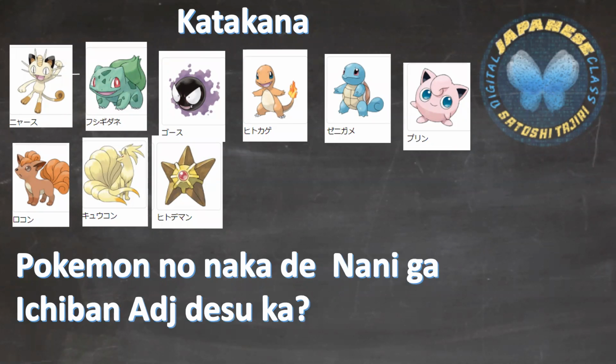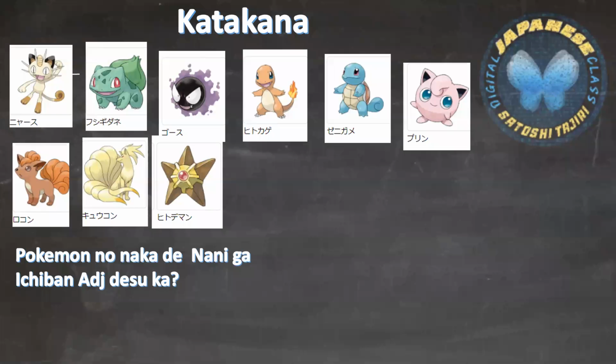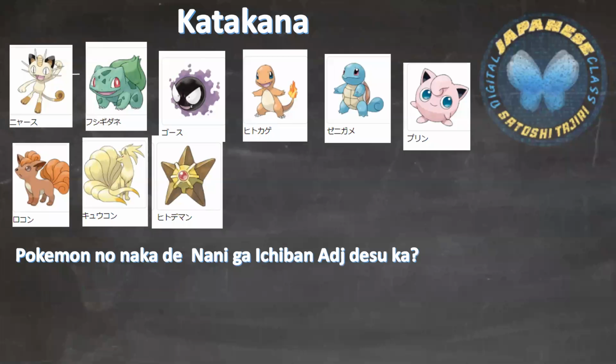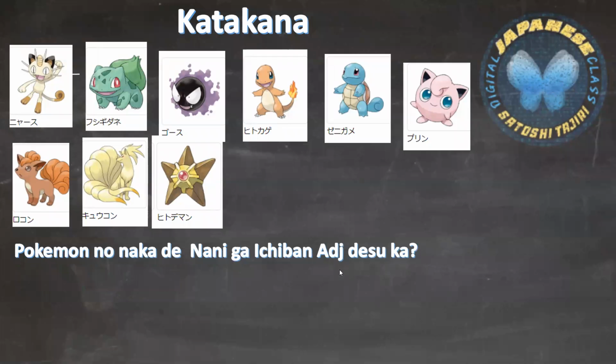I will give the most of a particular adjective that I'm going to say. If the sentence ends with ka, it's a question. For example, Pokemon no naka de nani ga ichiban adjective.